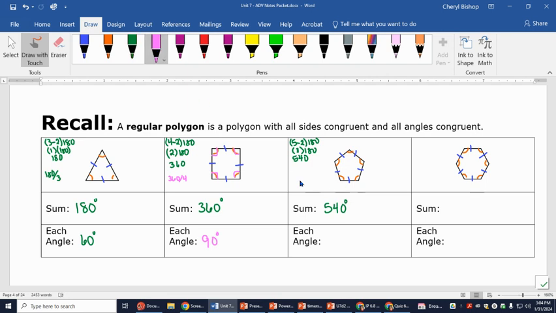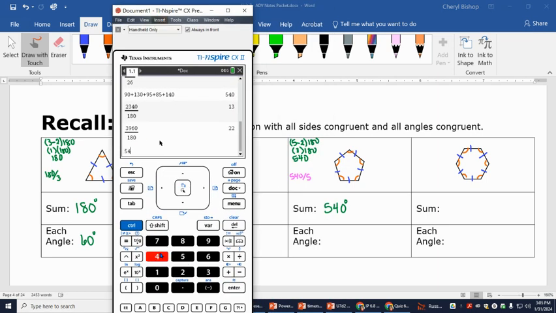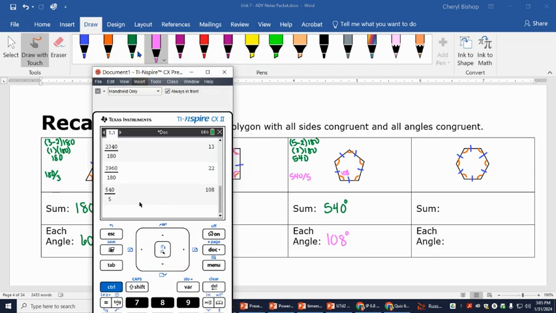So if I want to find each angle, I take that 540 and divide it into 5 equal angles, which is going to give me 108 degrees for each one of these angles. They're all going to be 108 degrees. Okay, and then my hexagon, last but not least over here.